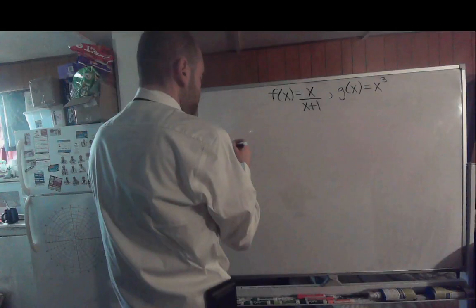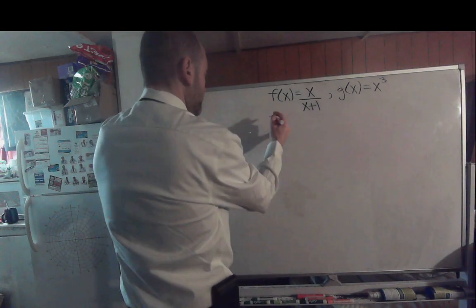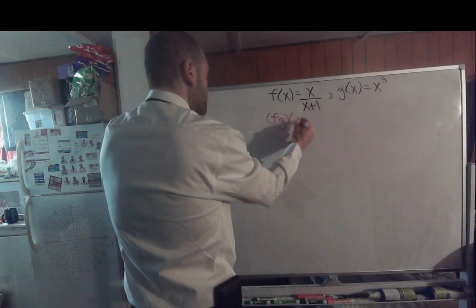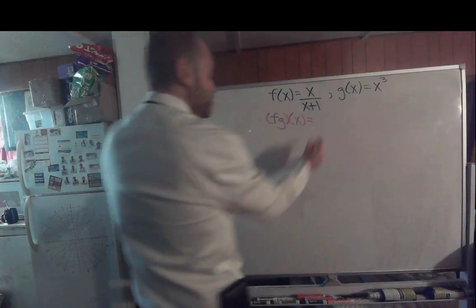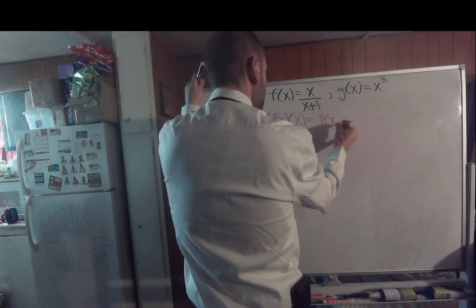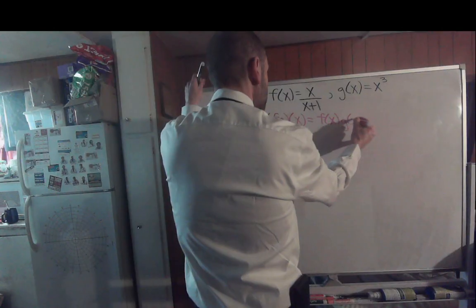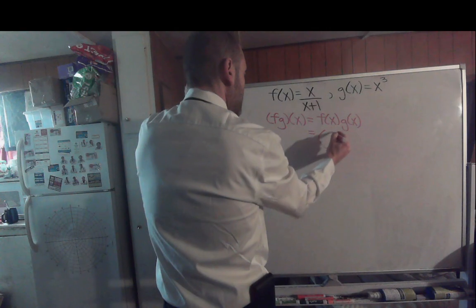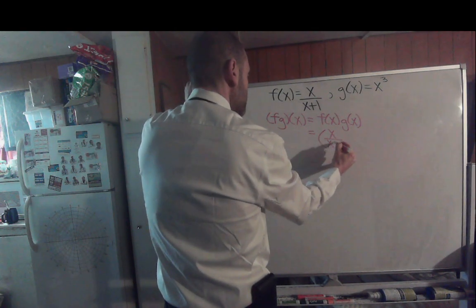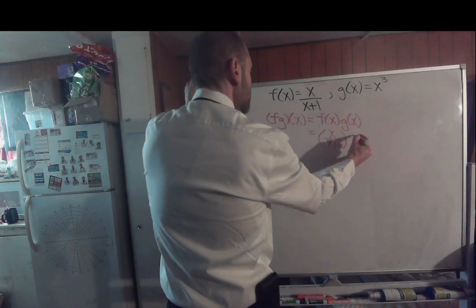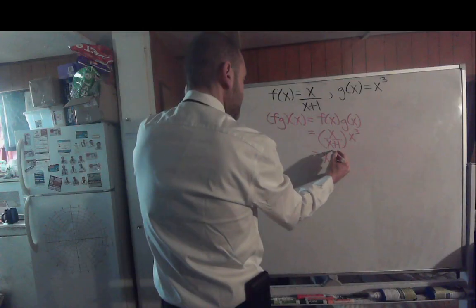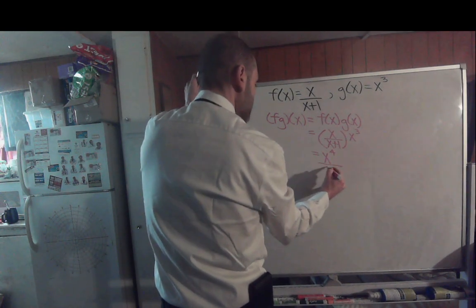All right, let's do f times g of x. So f times g of x, of course, is f of x times g of x. Well, that would equal x over x plus 1 times x to the third, which would end up giving you x to the fourth over x plus 1.